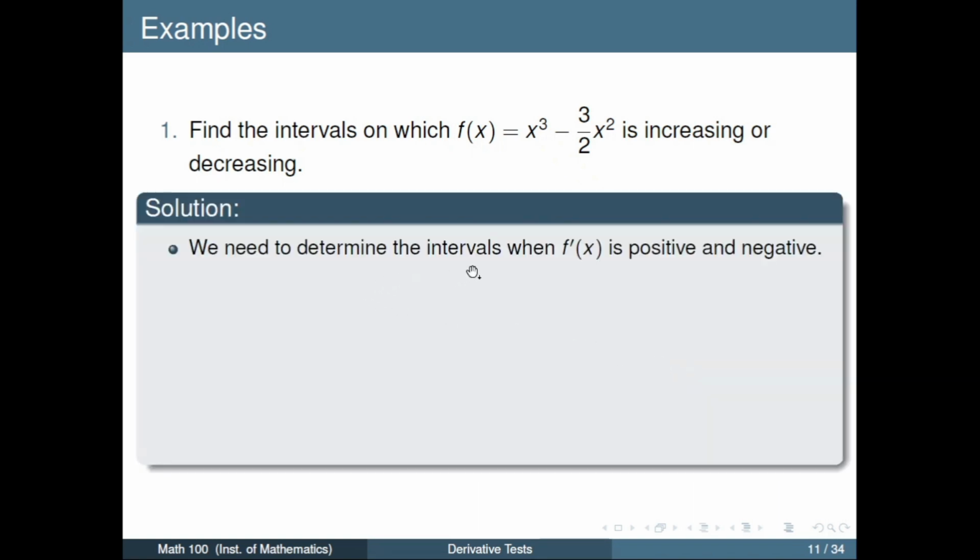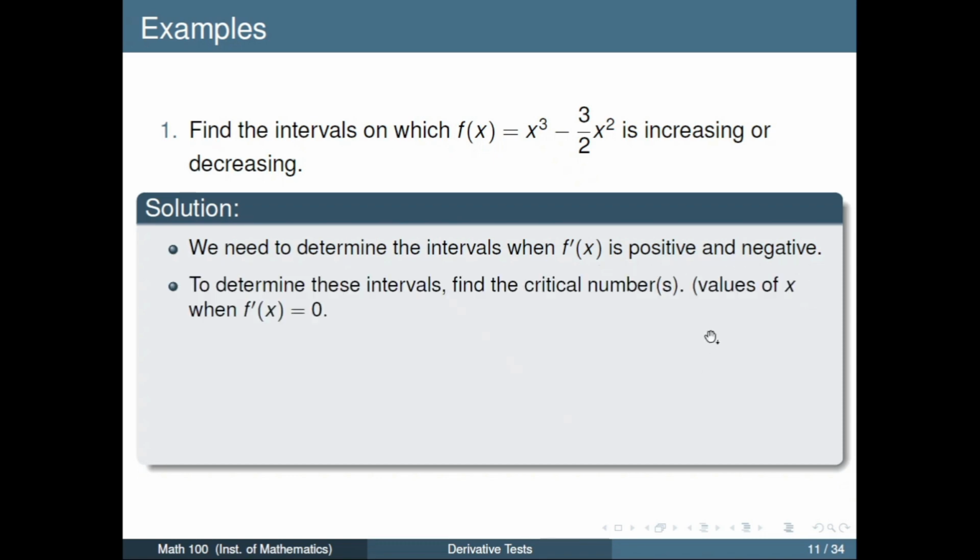As we said, we need to determine the intervals when f prime of x is positive and negative. And to determine these intervals, we first have to find the critical numbers. Because this is the only place where the sign of our f prime of x may change.